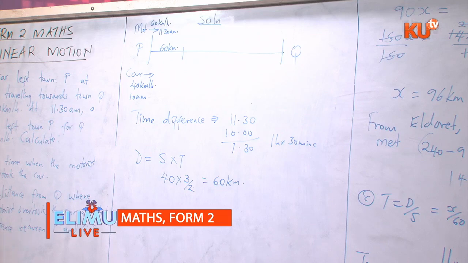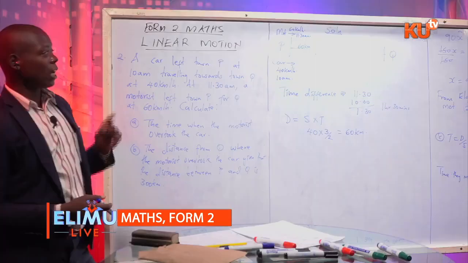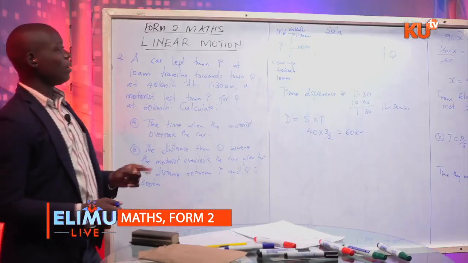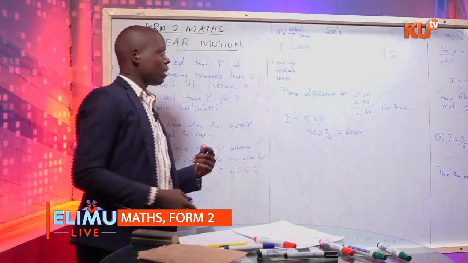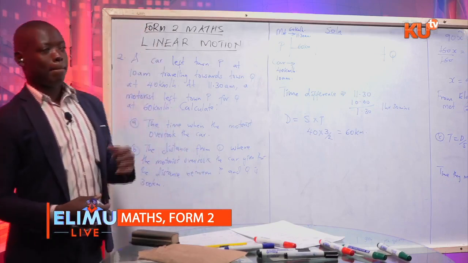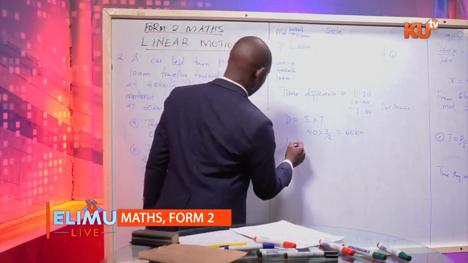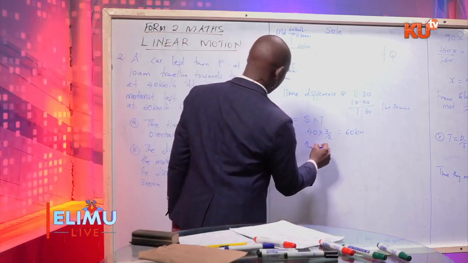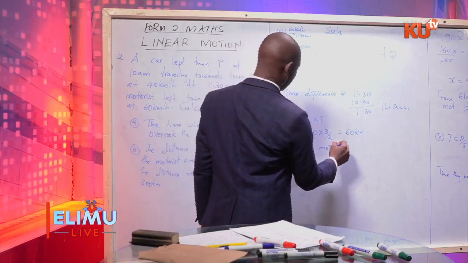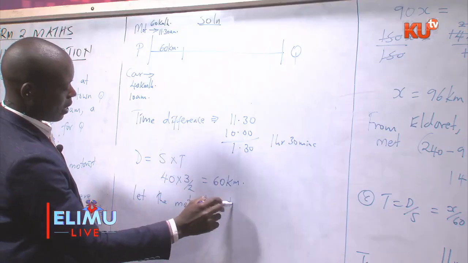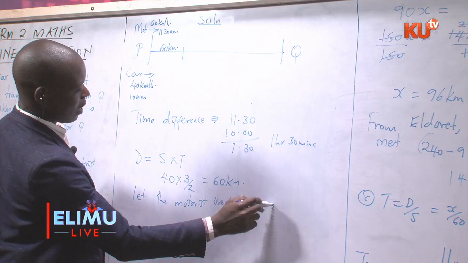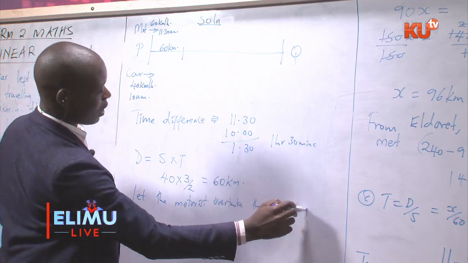So for this to happen, the motorist has to be moving at a higher speed to be able to overtake the car, which has already covered 60 kilometers by the time the motorist is leaving town P. So let the motorist overtake the car at point X.